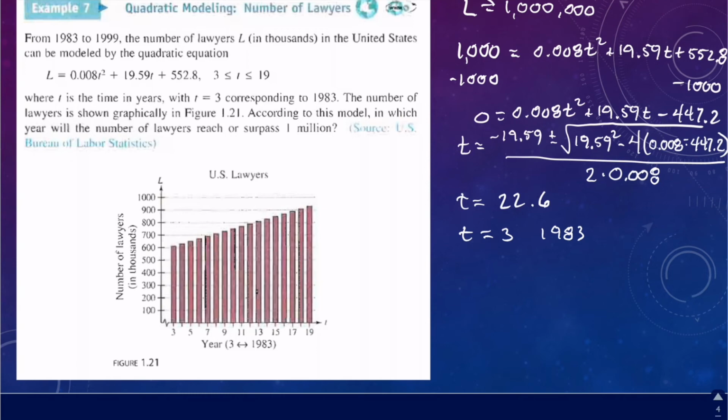So 1983 plus 19.6 puts us at about 2003. Which means we're really talking about, since it's 22.6, that gets us to 2002 and in the middle there. So what year? 2002.